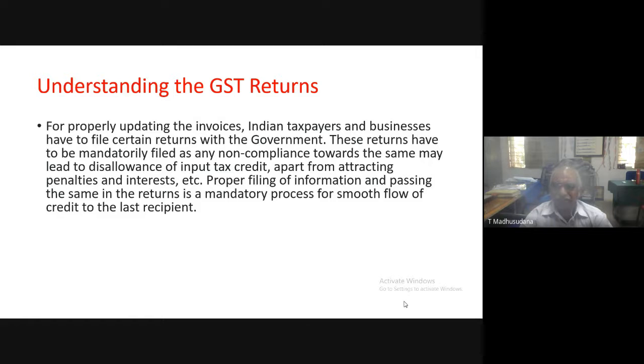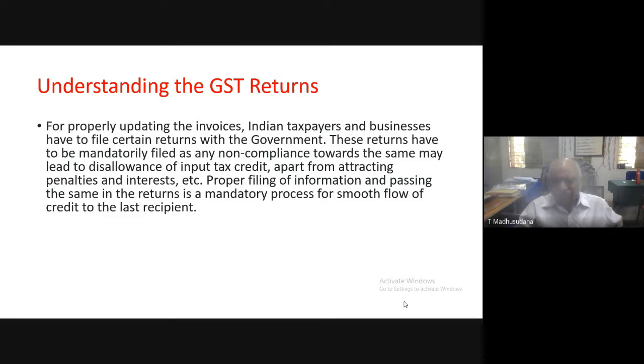That means monthly or quarterly or half yearly or yearly, so as to allow them to get input tax credit, apart from attracting penalties and interest, etc. So, submission of GST returns.